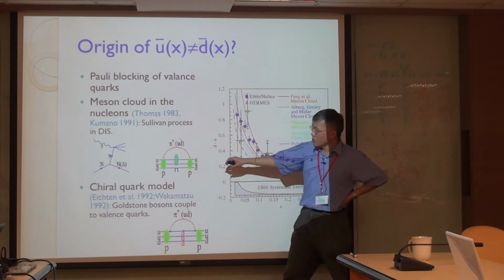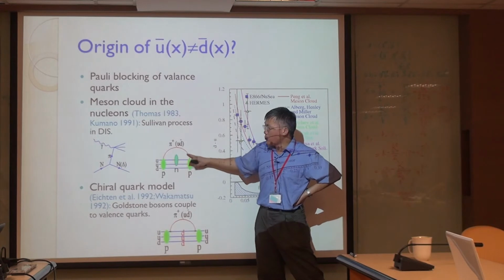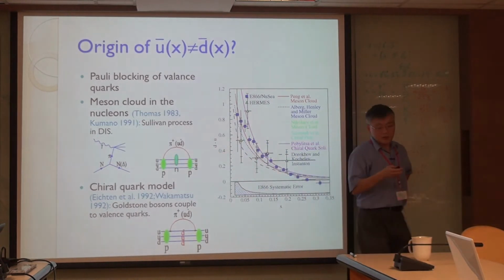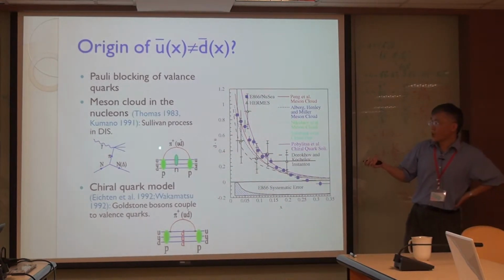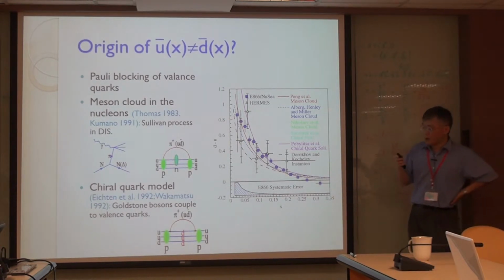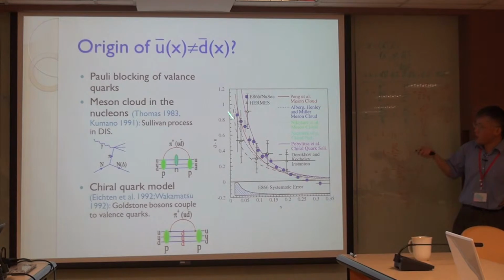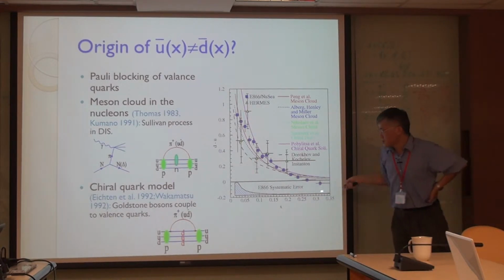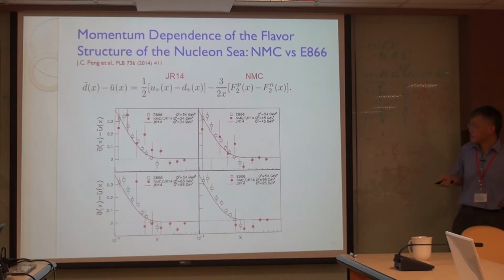The nucleon itself can couple to the pi meson, and this anti-quark is part of the constituents of this pi meson. By utilizing these non-perturbative models, either the meson cloud model or the chiral quark model, you can indeed describe the observed D bar U bar asymmetry quite well in this 0 to 0.3 region.